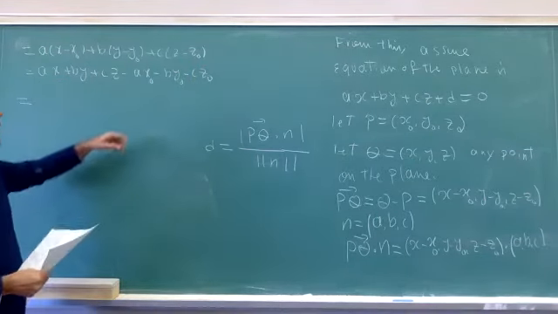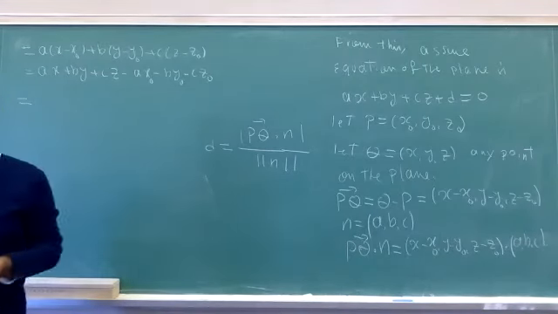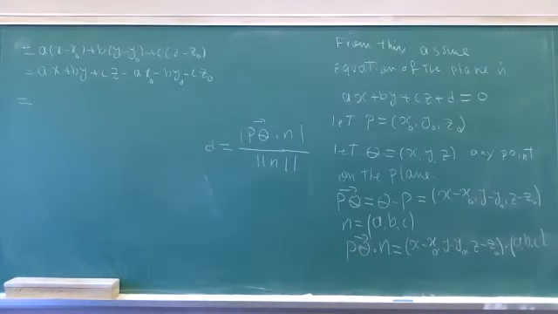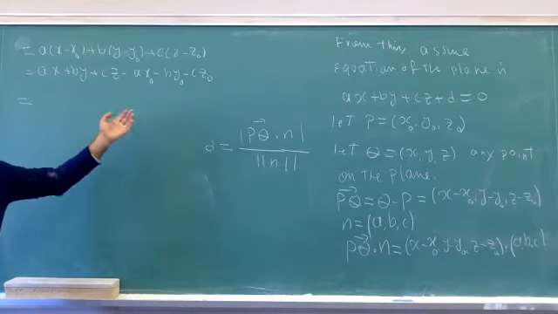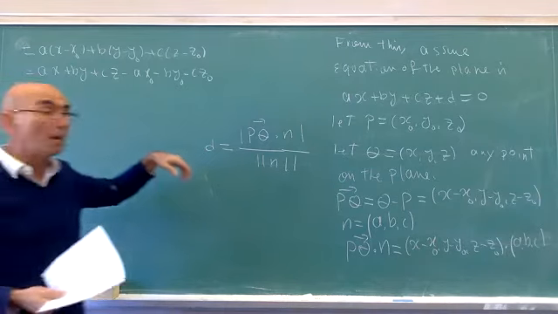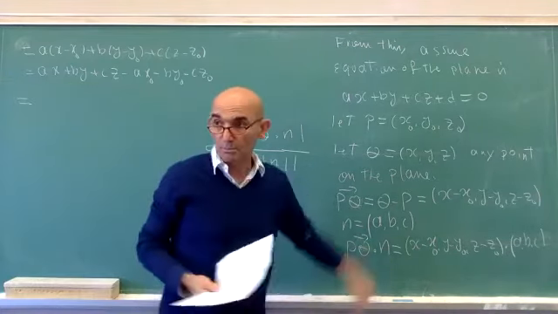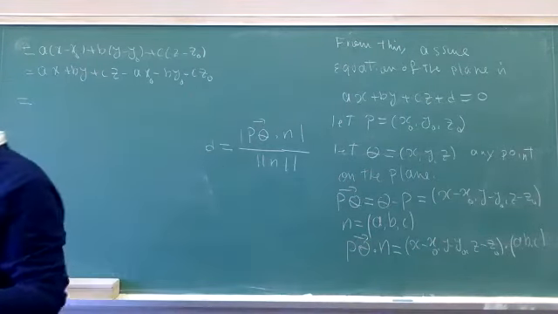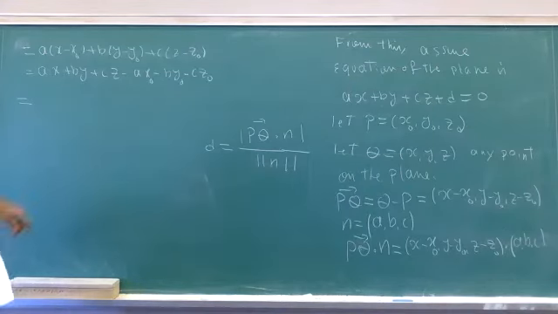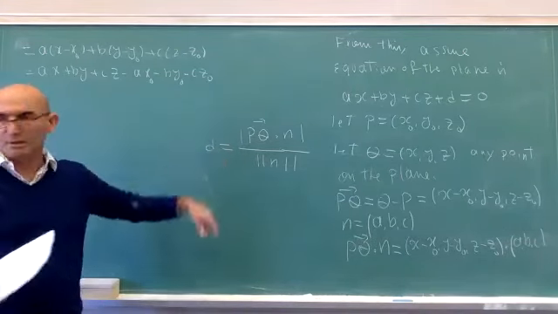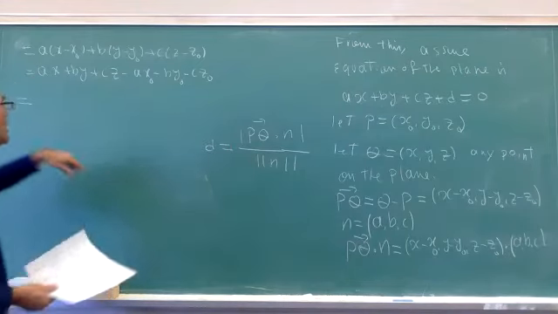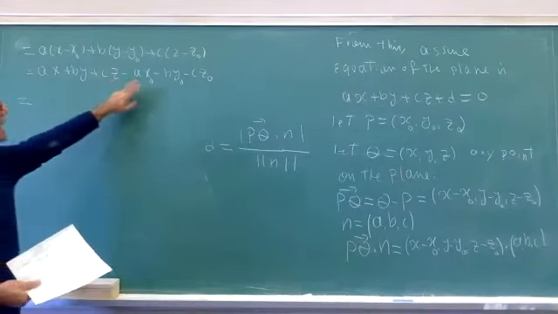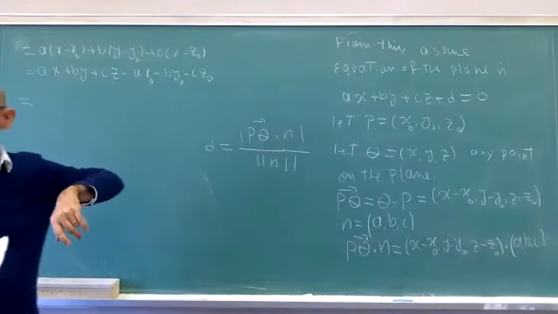Okay, now how can I simplify this further? Because I got a monster here. X, Y, Z, I don't know what they are. I just chose a point on the plane, but I don't know what point I chose. So it's not advisable to pick an explicit point on the plane and then sub into this formula. That's not a good idea. So how can I simplify this now?